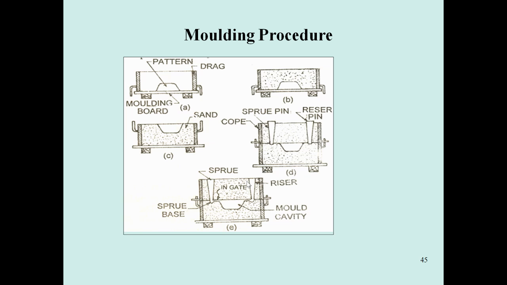Next, we can see the diagram here, showing how the molding procedure should be done. So observe the figure here. All these are the different parts. In figure A, we have to place the pattern on the molding board.